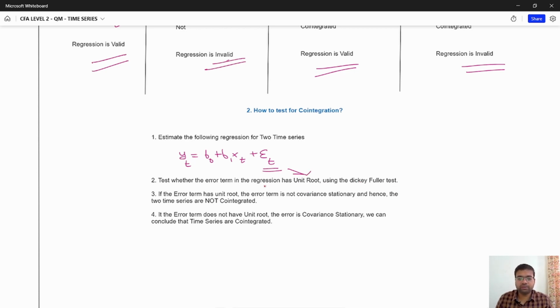If the error term has a unit root, the error term is not covariance stationary and the time series are not co-integrated. But if the error term does not have a unit root, the error is covariance stationary and we can conclude that the time series are co-integrated. So that is how you can test for co-integration.